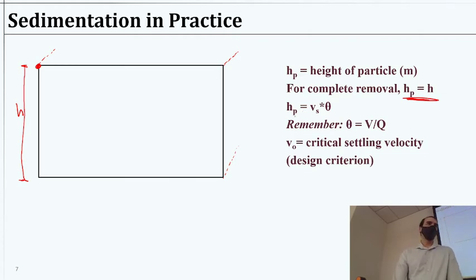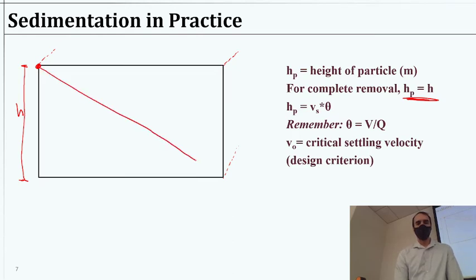The next thing to consider is how we can relate the height of the particle to the system's flow rate and how long the particle is going to have in the system and how fast it's settling. If we want complete removal, we have to assume that we go from the very top, and the very slowest we can go downward and have complete removal is the line that connects essentially this diagonal.